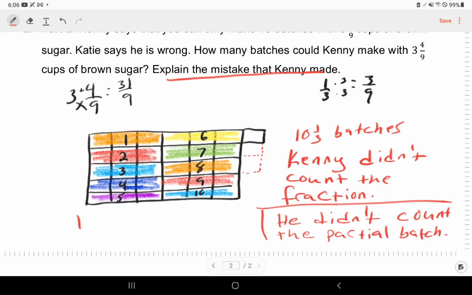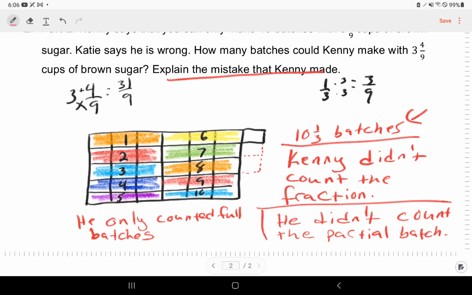Or he only counted full batches. Any one of those is fine. So that's the number of batches and 3 different ways to say the explanation.